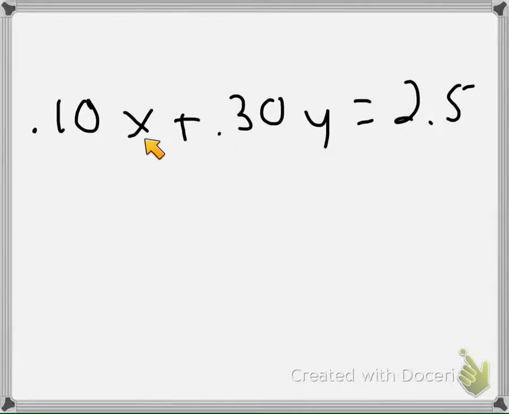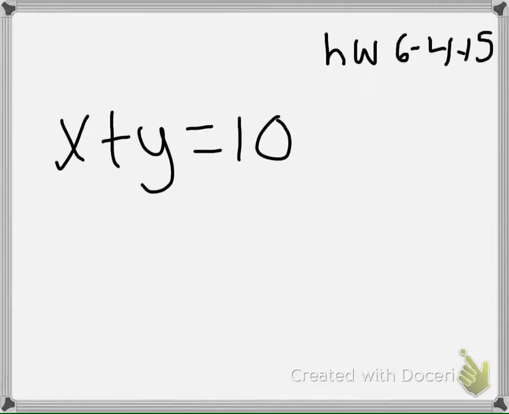And so 10% is 0.10 and 30% is 0.30, and then this actually comes out to be 2.5. It's not exactly doing the same thing this did, but that's why that equation. And then they said x amount of liters of the 10% and y amount of liters of the 30% altogether is going to make 10 liters total. So those are our two equations.